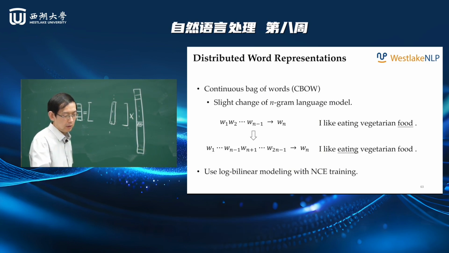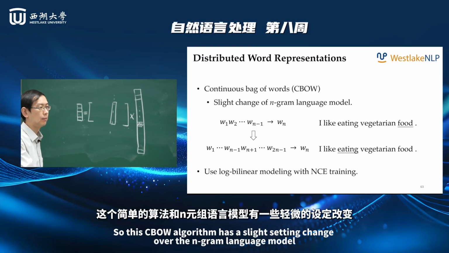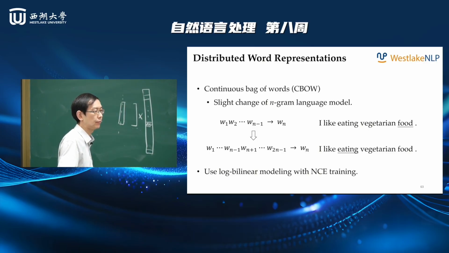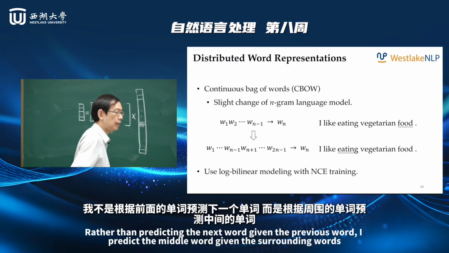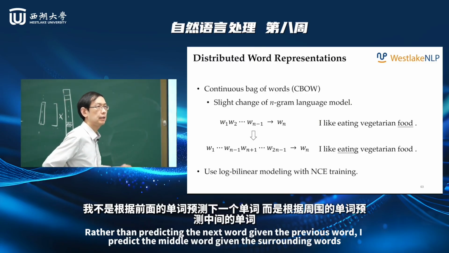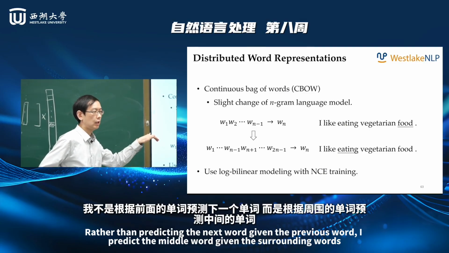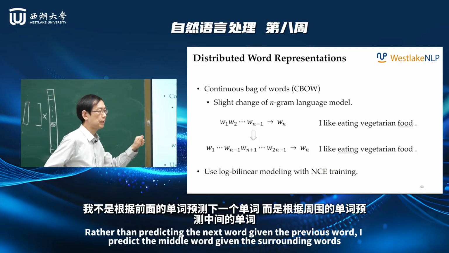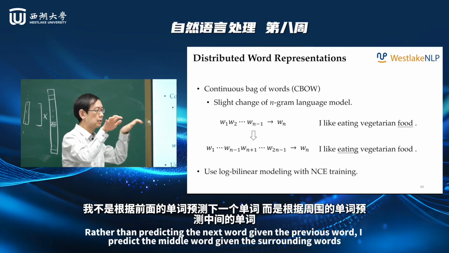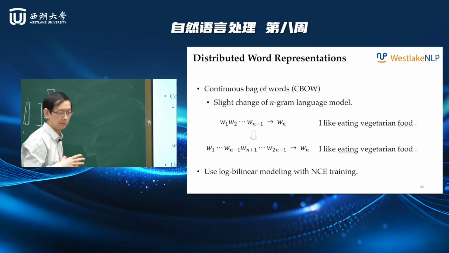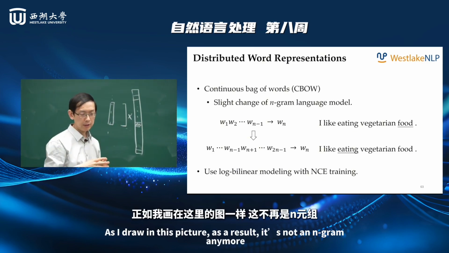This CBOW algorithm has a slight setting change over the n-gram language model. Rather than predicting the next word given the previous words, I predict the middle word given the surrounding words, as I draw in this picture.